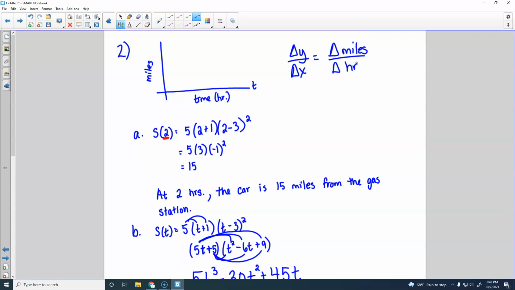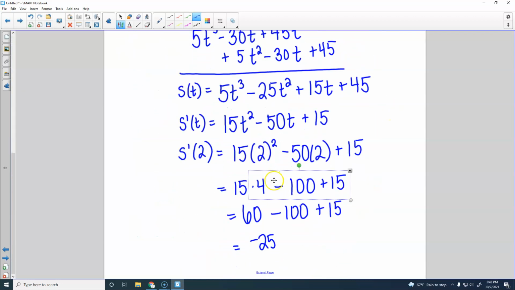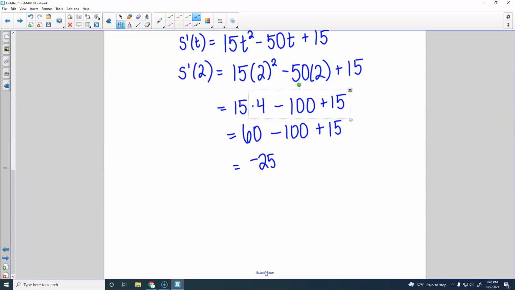Let's go with velocity. Speed is not the same thing. What's the difference between speed and velocity? Velocity has direction and magnitude. Speed is only the magnitude, only how fast you're going. So the positive or negative is your direction with this.